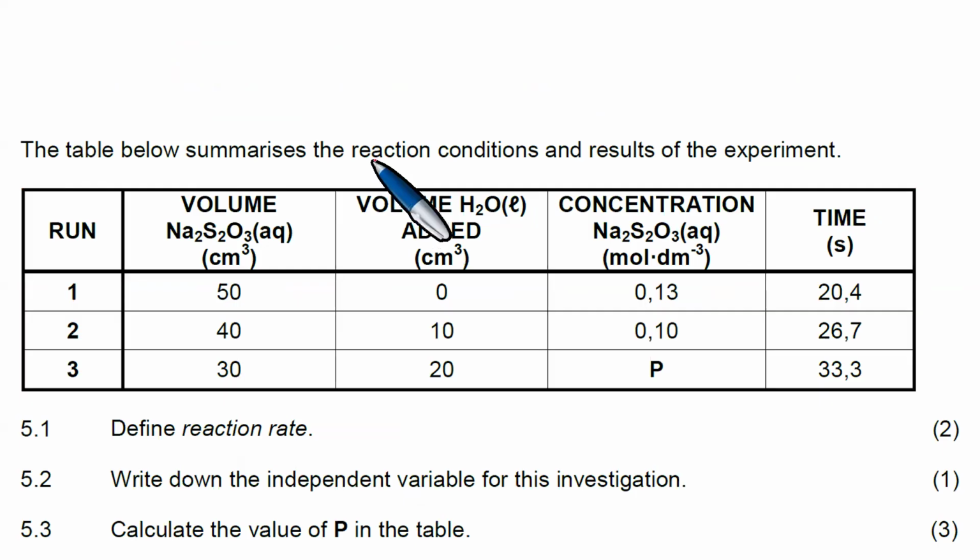The table below summarizes the reaction conditions and results of the experiment. You have run 1, run 2, run 3. Then there's the volume of sodium thiosulphate, aqueous state, in cubic centimeters: 50, 40, 30. You can see a decrease in the volume from 50 to 40 to 30. But look at the volume of water in liquid state added, in cubic centimeters: it's 0, then 10, then 20.